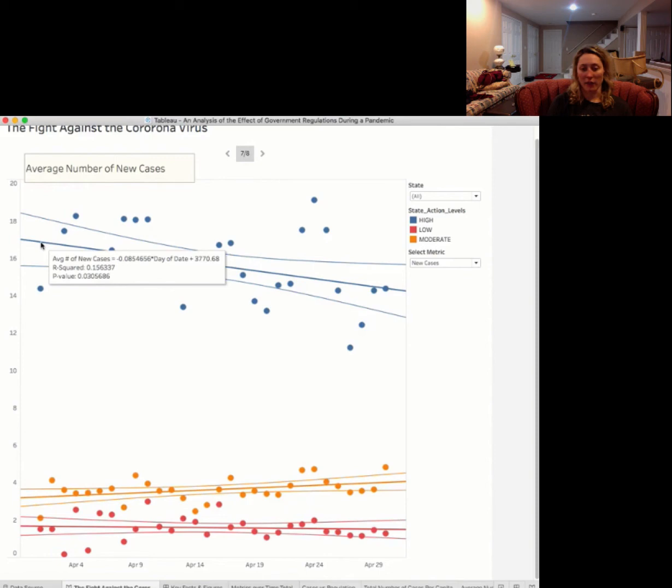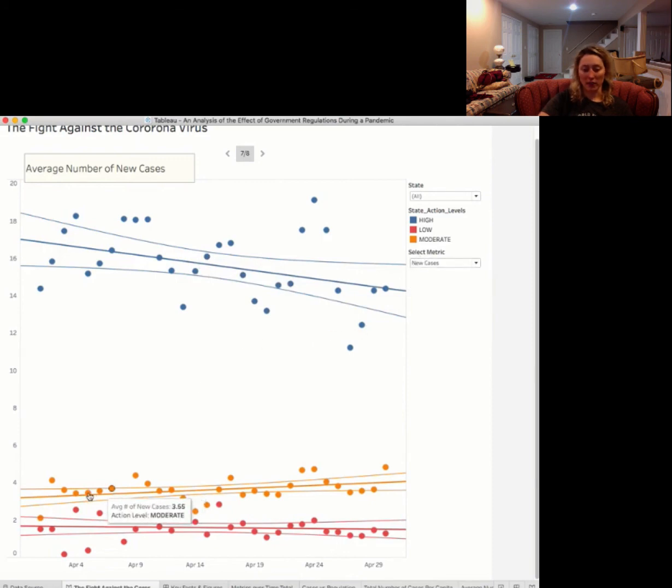And I found that for states with a high level of action, so they have the most mandates, they had a very significant p-value of 0.03, which is below the standard of 0.05. So we would consider this to be significant, and they're trending downward. So this supports the hypothesis of if stricter regulations are slowing the spread of coronavirus, because this is for new cases over here in the metric.